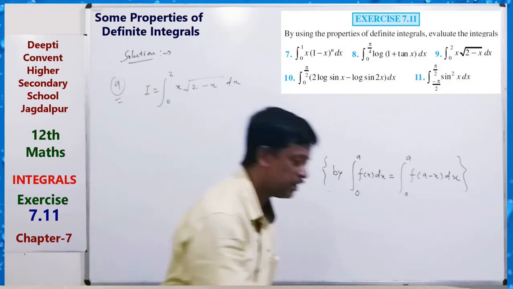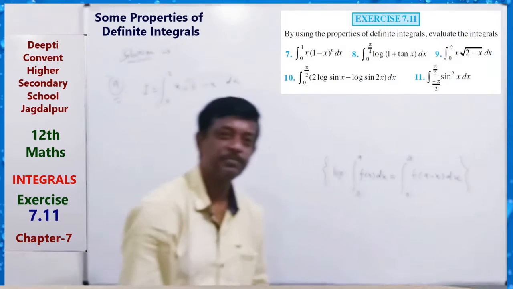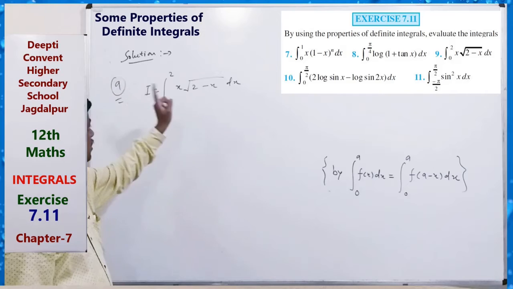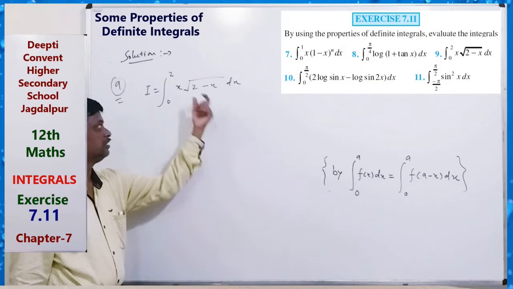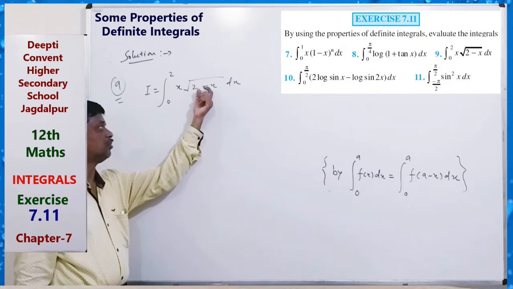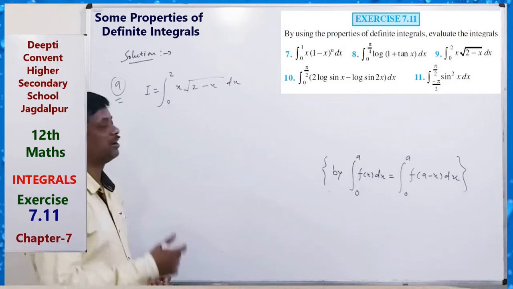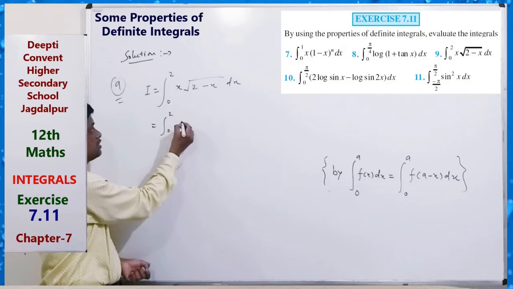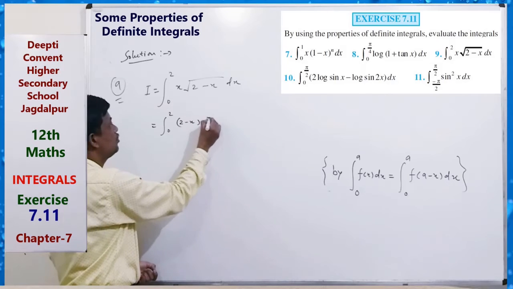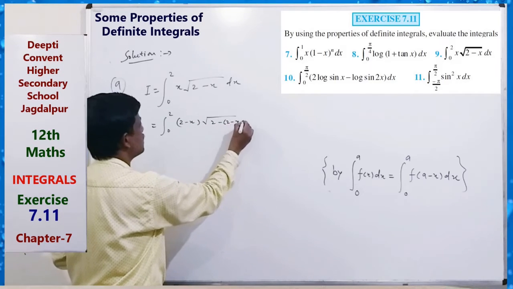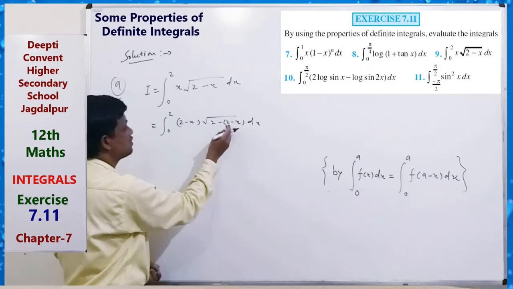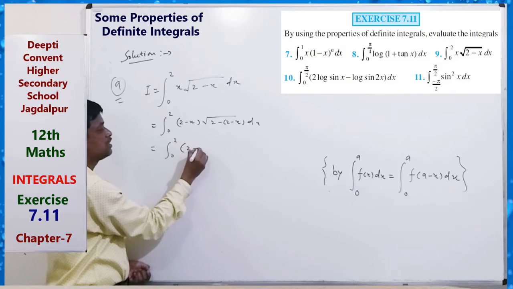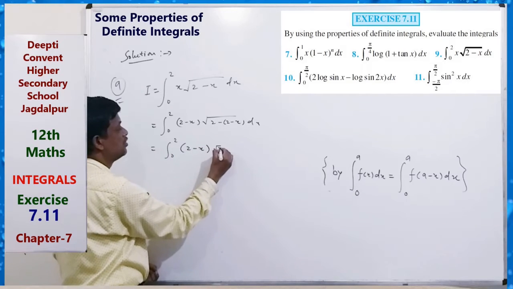Here also we can use this property, because if we apply 2 minus x in this integral, the quantity under the root can be simplified. How? From 0 to 2, a in place of x, a minus x means 2 minus x. Here root of (2 minus (2 minus x)) dx, the 2 cancels, so we get x, so we get the integral from 0 to 2 of (2 minus x) root x dx.